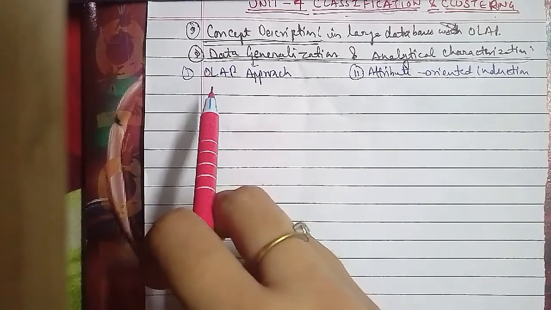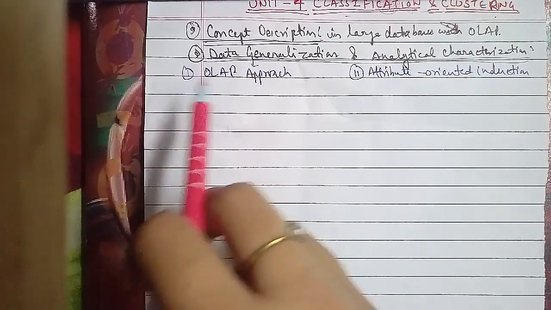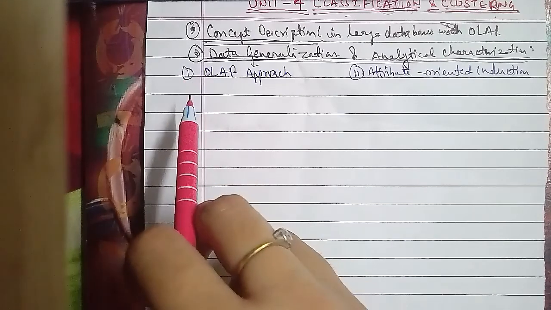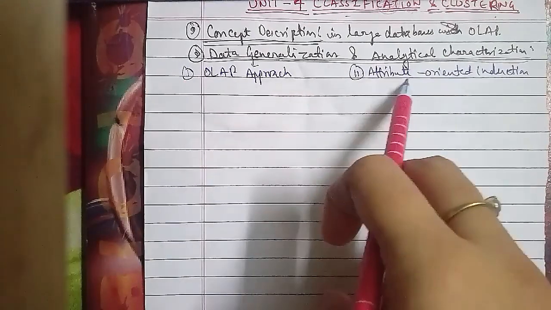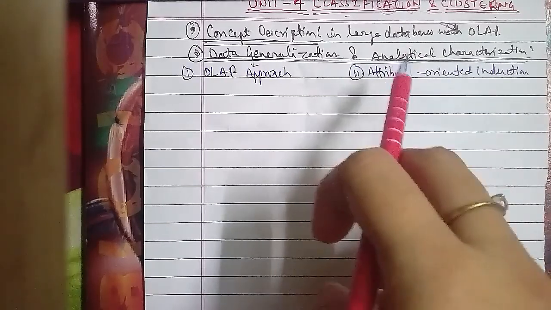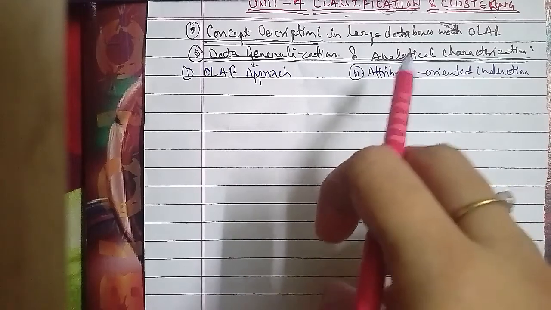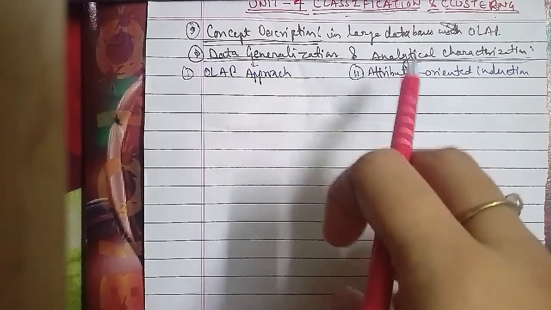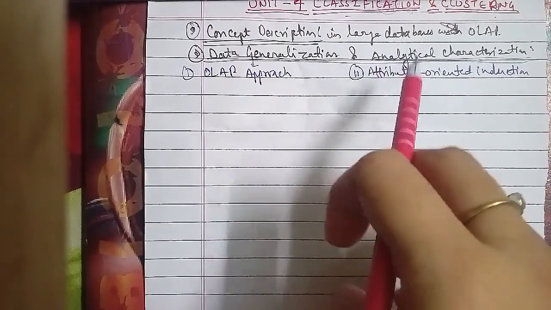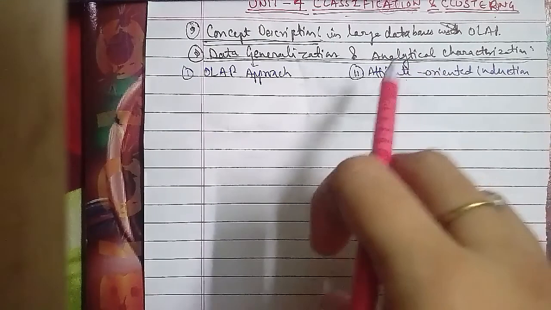The attribute oriented induction approach is a relational database query oriented, generalization based online data analysis technique. In attribute oriented induction, the task relevant data is collected using a relational database query, and then generalization is performed based on the examination of the number of distinct values of each attribute in the relevant set of data.